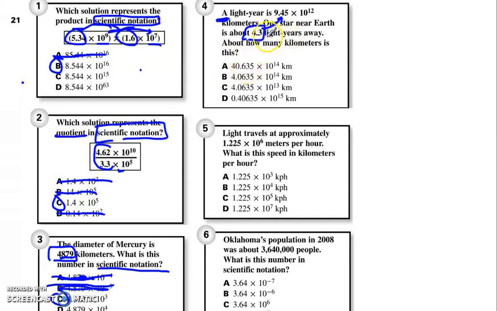They don't point out to give the answer in scientific notation here, but this is also not correct, because it's not 10 to the 14th. The only thing we're multiplying here is this leading number, because there's no times 10 to anything, so it's going to be times 10 to the 12th, and then we have 40.635.